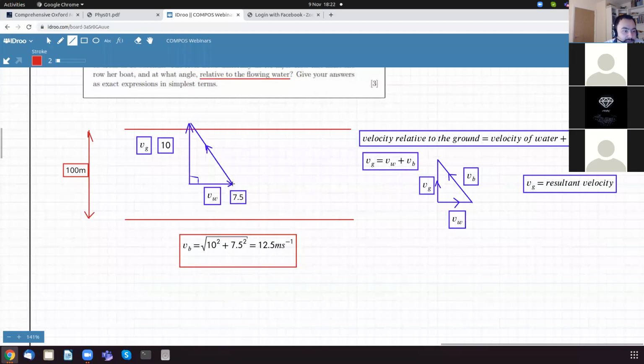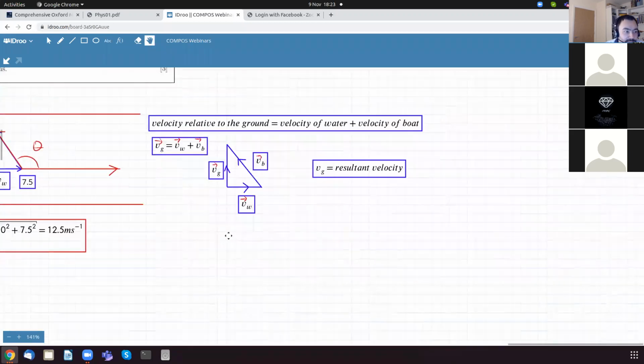Well, this is the boat's velocity, and this is the stream of the water. So we need to find this angle. This is vectors. And if you know the rule for adding vectors, it follows like this.